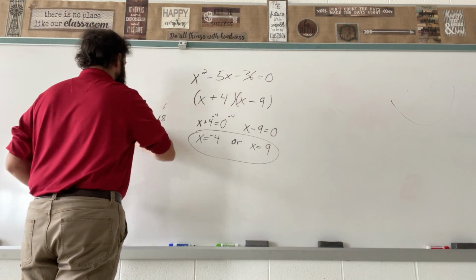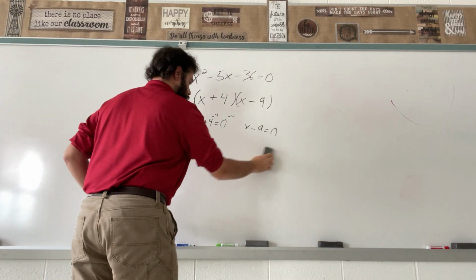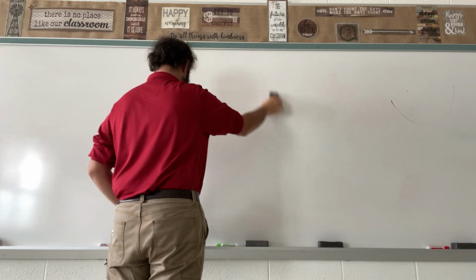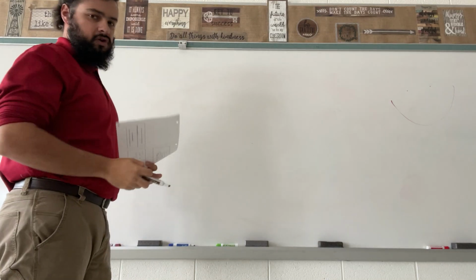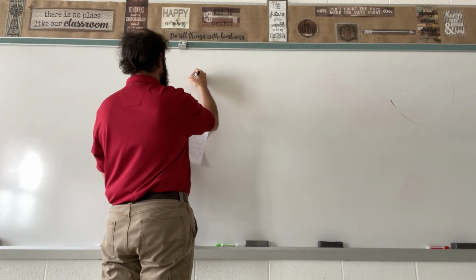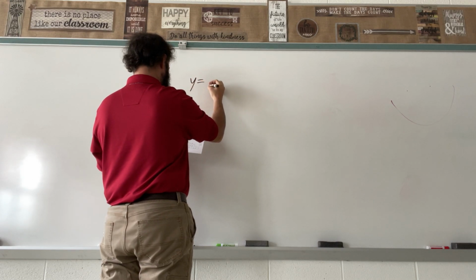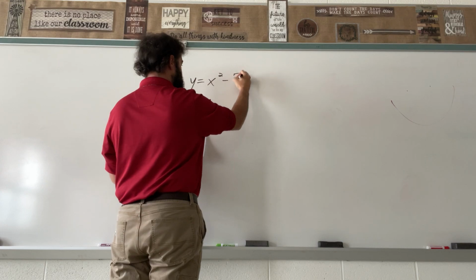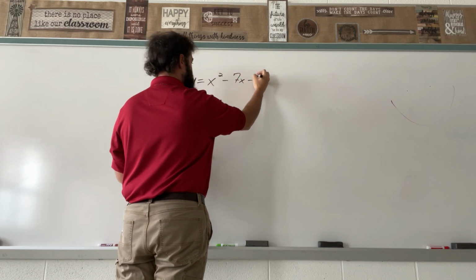And we'll do another one. All right, so this one is a you try. So this one's for you to try. We're going to set this one as y equals x squared minus 7x minus 30.